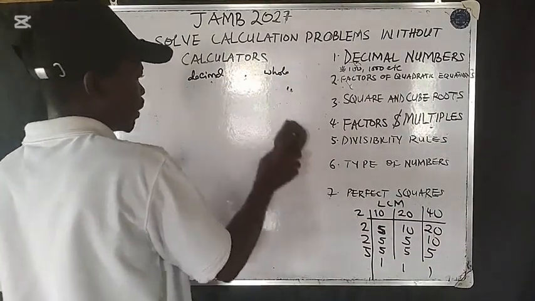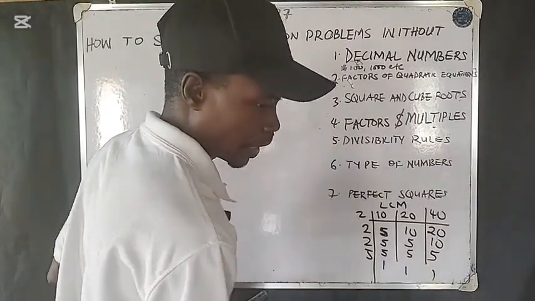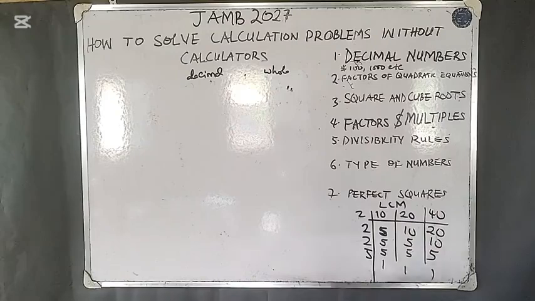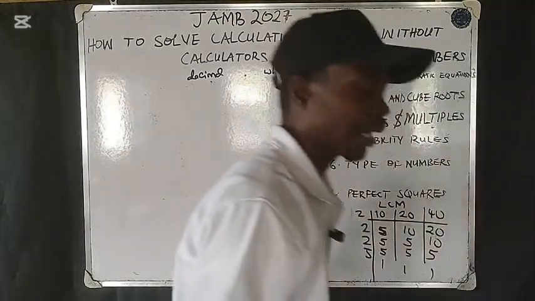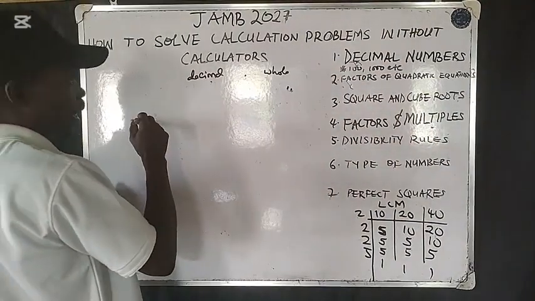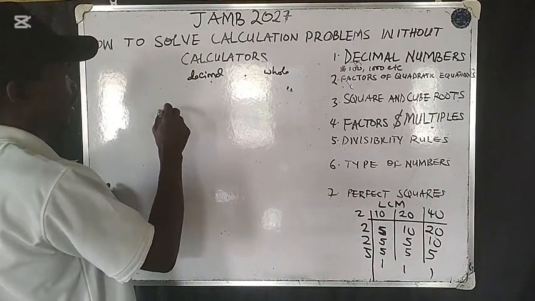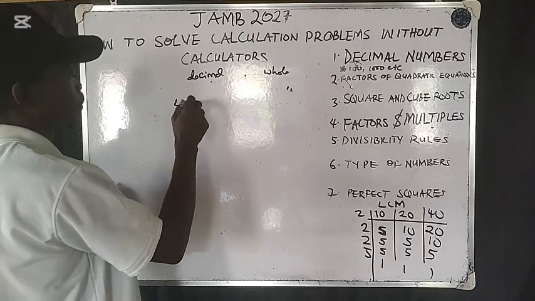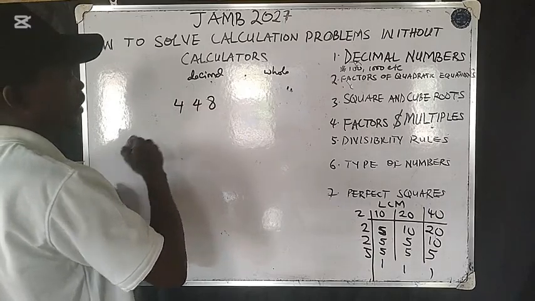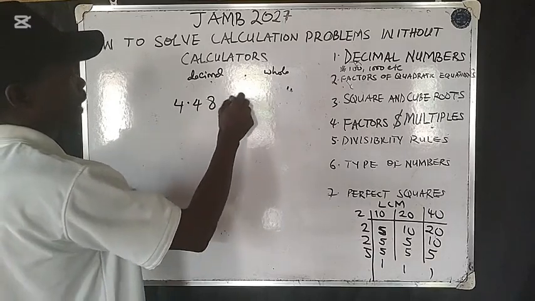Now, let's say we want to multiply a decimal number with a base 10 number. This is a base 10 number now. Let's say we have 2.4, right? Multiply by 10.